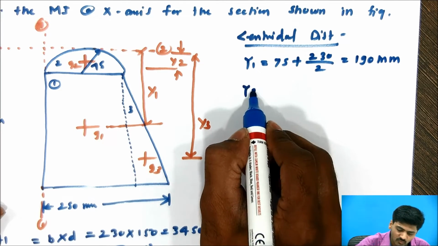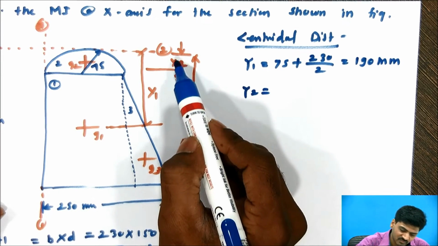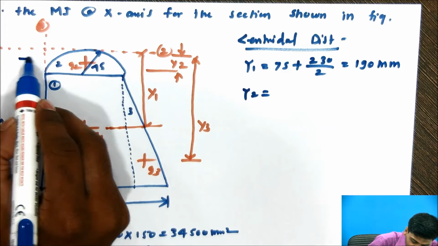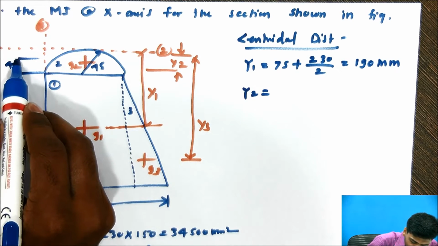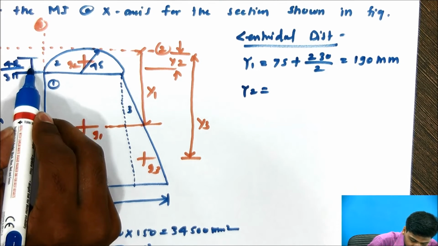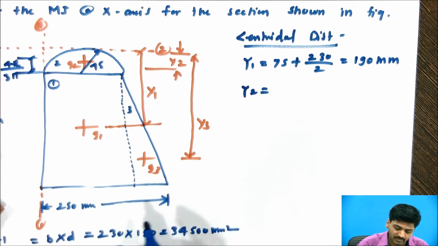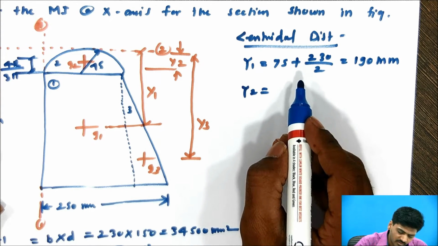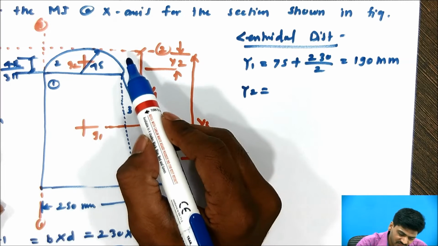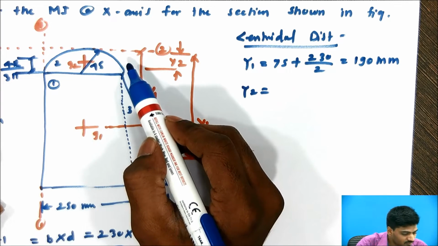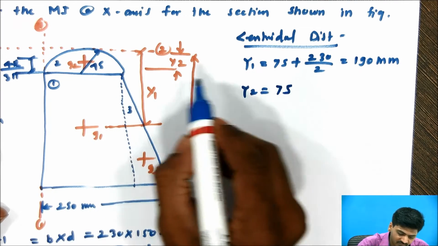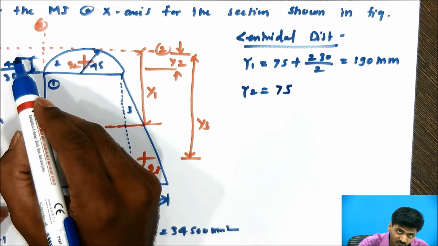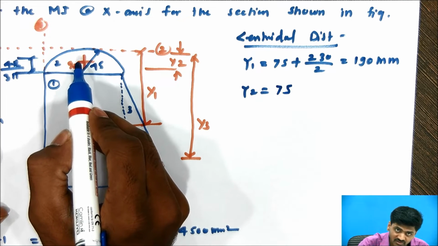How to calculate y2? This is nothing but the small distance. So all of you know this is nothing but 4r upon 3 pi. So I need this particular distance. So 75 minus 4r upon 3 pi, 75 this total minus 4r upon 3 pi up to the G2.